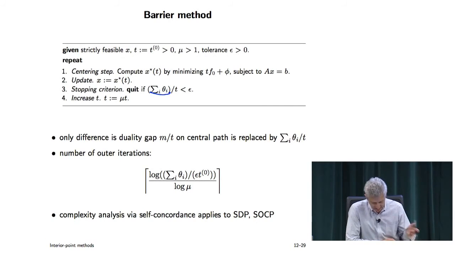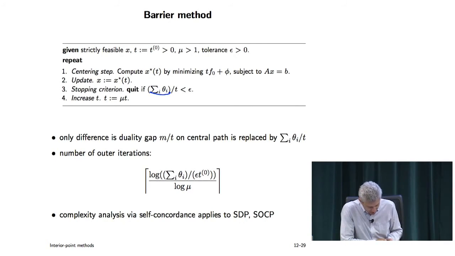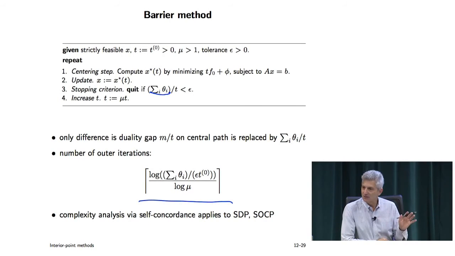Of course, it was set up that way so that it would work out. It didn't just happen. And the number of outer iterations is the same, except that instead of m, you have the sum over i of theta_i. And all the complexity analysis holds immediately. It all just works. It's all exactly the same, right? So you have polynomial time complexity for solving SDPs and things like that. Okay.